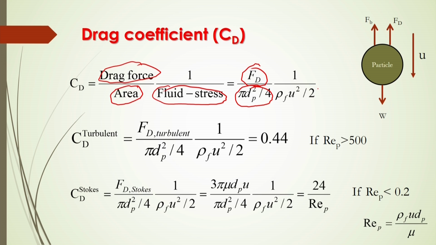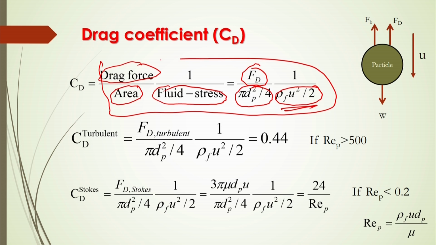The fluid stress is represented by rho f u square by 2, or you can say the kinetic energy acting on the particle. From this equation you can calculate the drag coefficient.